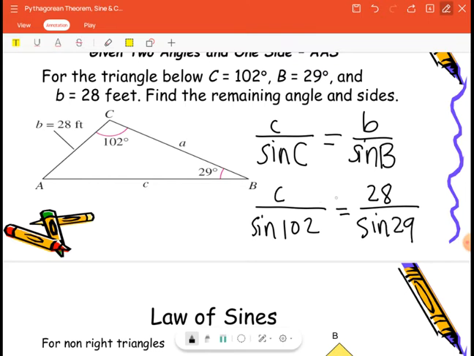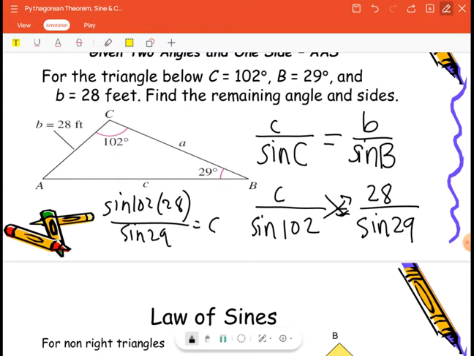So, ito cross-multiply lang yan, ano? Cross-multiply. So, ang mangyayari niyan, sine of 102 times 28, okay, divided by sine of 29. So, that is equals to C. Okay?